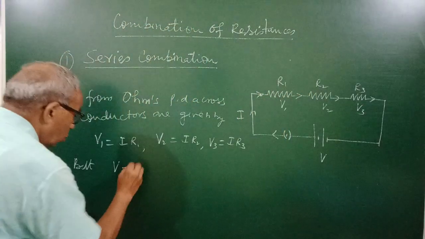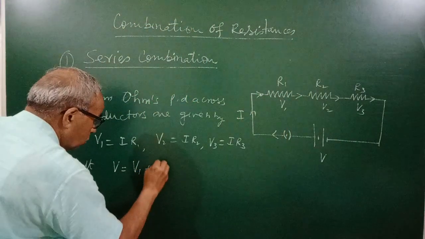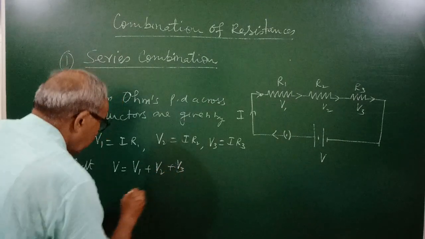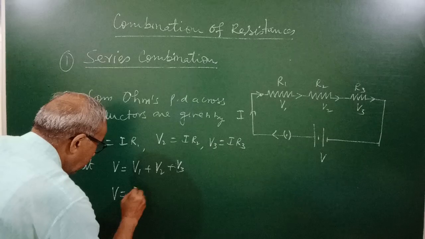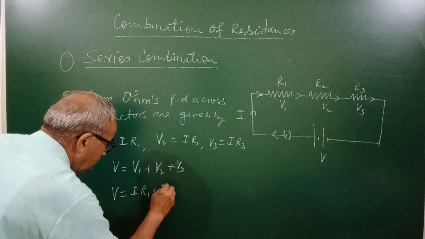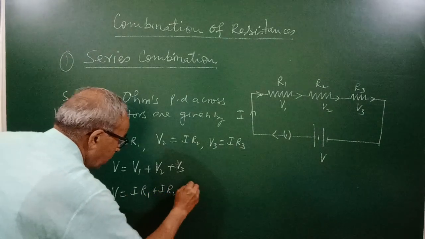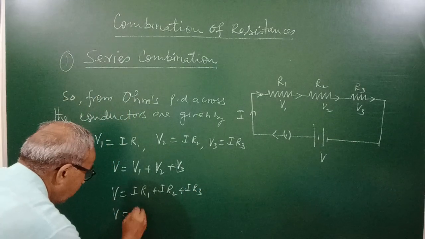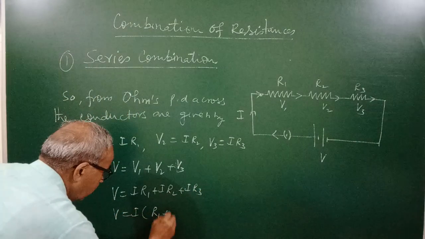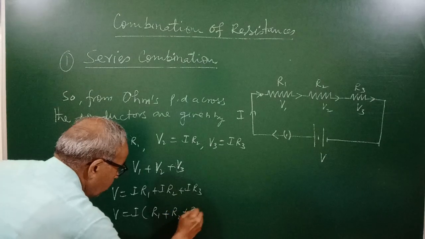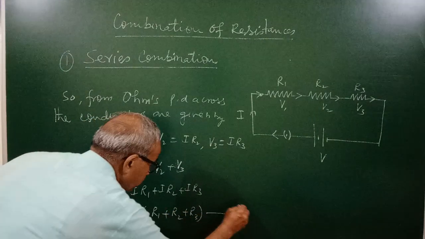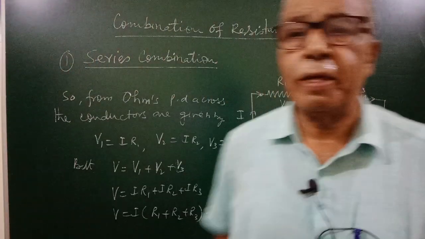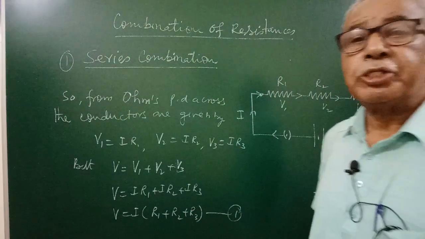V equal to V1 plus V2 plus V3, or V equal to IR1 plus IR2 plus IR3, or V equal to I times (R1 plus R2 plus R3). Total voltage is given by this.